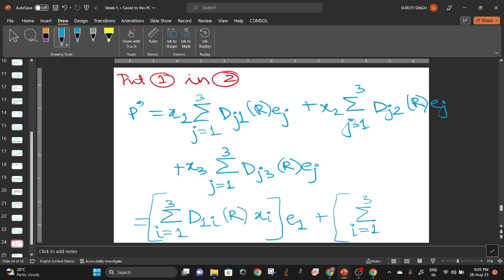Here we were summing over this j, now we are summing over this i index.